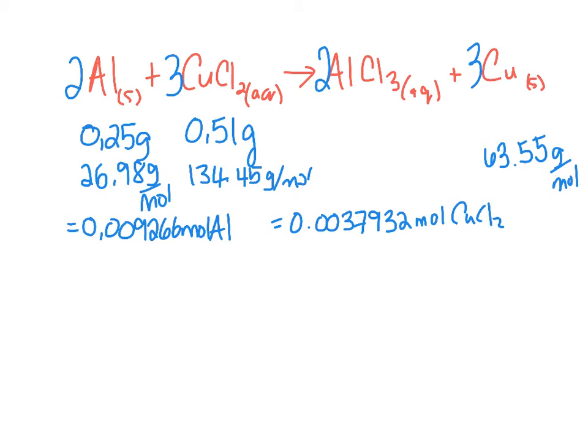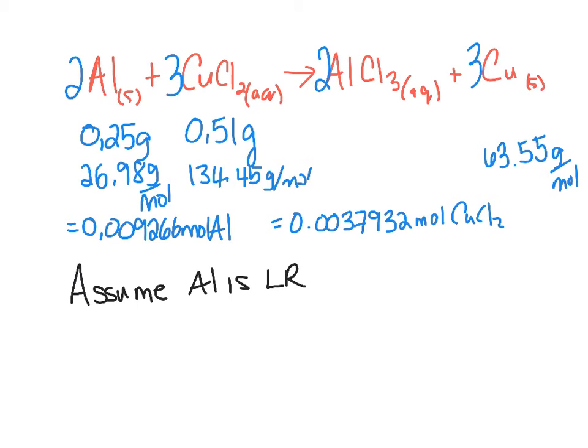And it doesn't matter if you're right or wrong because you will end up making the correct deduction. Aluminum? Okay, so if we assume, don't write anything yet. Just watch. So we're going to assume aluminum is limiting.